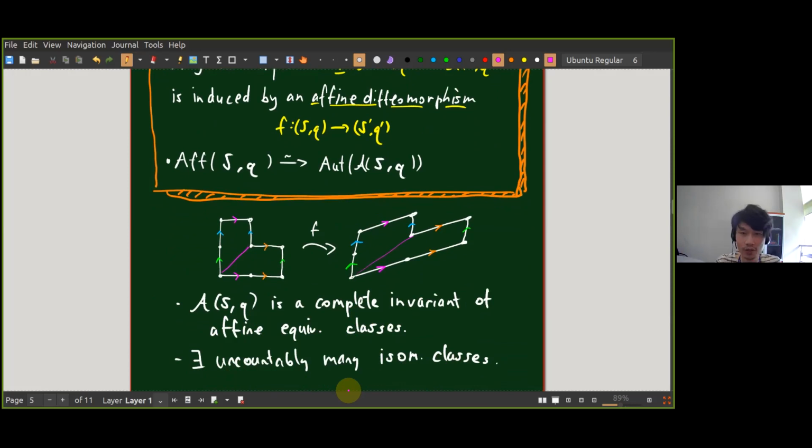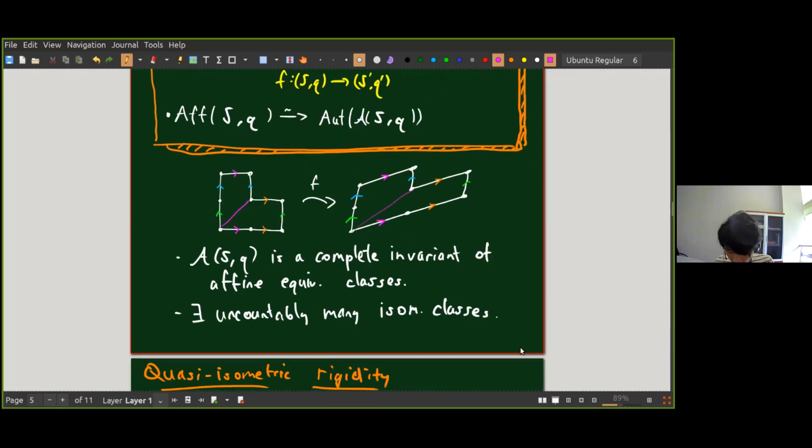This is because there are high dimensional moduli spaces of these translation surfaces that you can study. This is different from the topological setting, where you really only have countably many homeomorphism classes of surfaces. They're really only determined by, say, genus, number of marked points, number of boundary components, and so forth. So that's something that's different here. We get uncountably many different isomorphism classes. We still have this nice rigidity, but there's a much finer distinction between them.